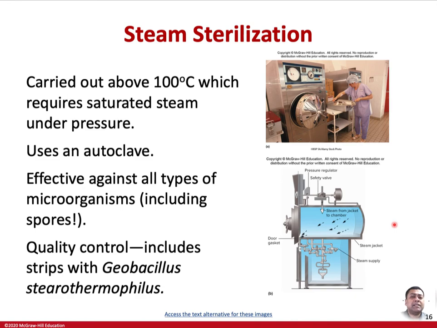The Geobacillus stearothermophilus ampule is put into the chamber and put through the sterilization cycle. Once the cycle reaches that 121 degrees Celsius temperature, the ampule is broken and the Geobacillus is put into a culture. If the bacteria fail to grow in the culture, then you know the standard of the autoclave is great.